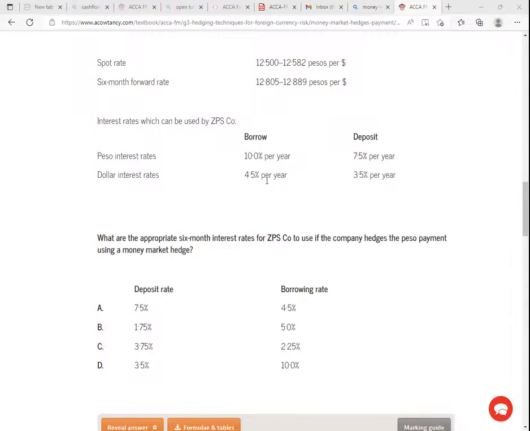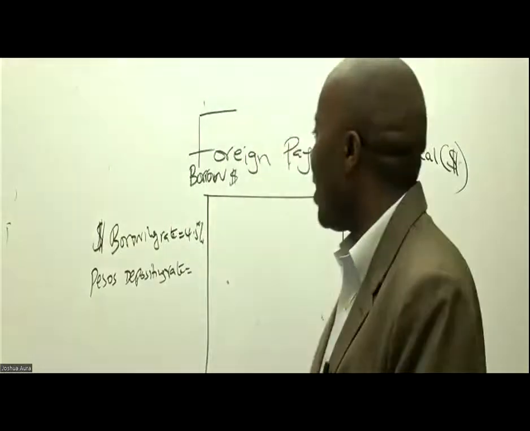So the dollar borrowing rate is 4.5%. How about the peso? On the other side we are depositing. So the peso depositing rate, if you look at this, is 7.5%. Thank you very much. 7.5%.